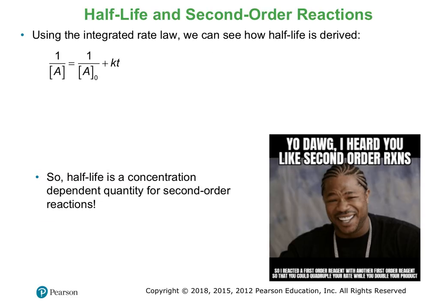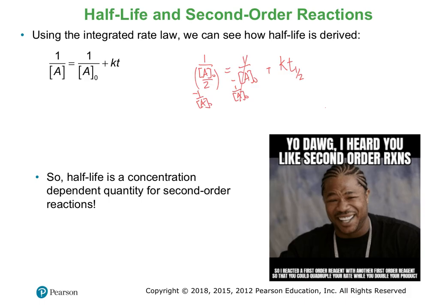We will use a similar method to derive the half-life. So I'm going to plug in k times the half-life, and wherever I see concentration, I'm going to put half of that concentration. So 1 over A naught over 2 equals kt plus 1 over A naught. I'm going to subtract this guy over to both sides. Okay, so that goes away.